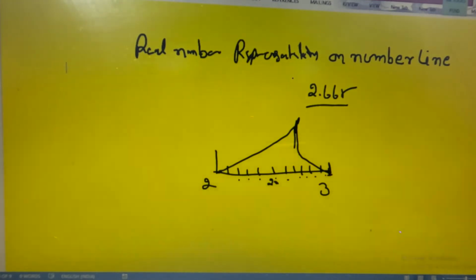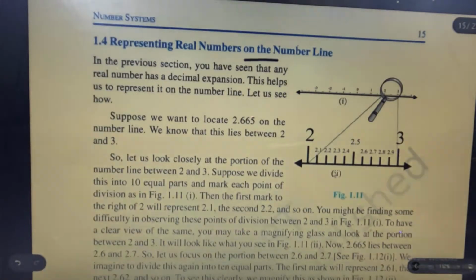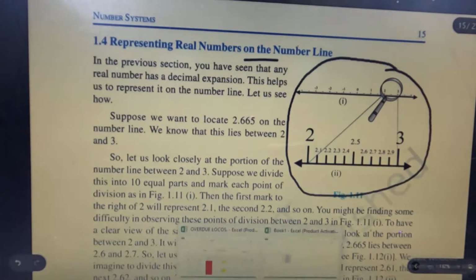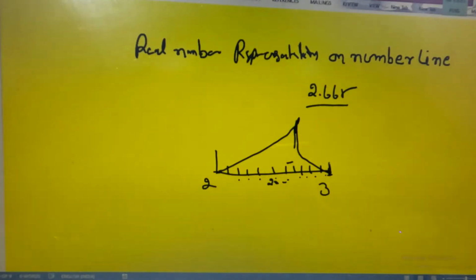So it is difficult to observe these points in our division between 2 and 3 clearly. To have a clear view, we may take a magnifying glass and look at the portion between 2 and 3. It will look like this figure, with 2.6. If we see the figure, this shows the numbers between 2 and 3.